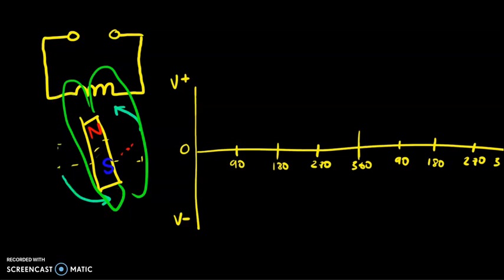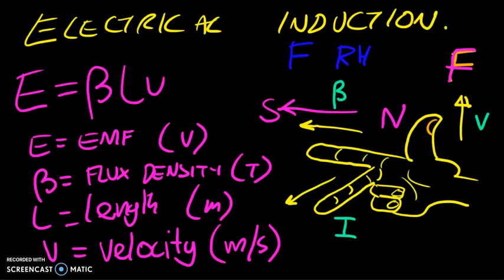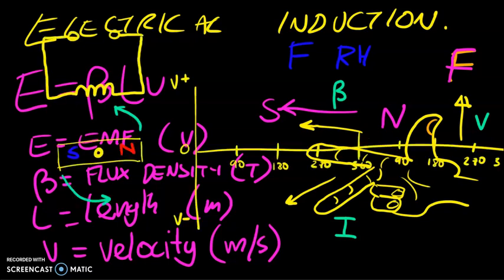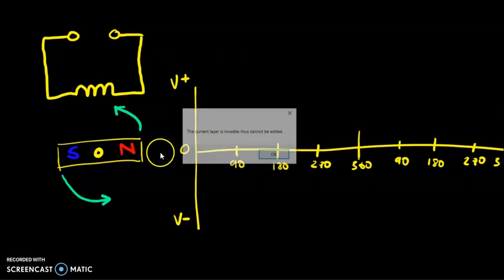As it rotates, the lines of flux rotate with the magnet and cut through the coil, and as they cut across the coil, they will generate electricity. At present we have 0 degrees of rotation, so we'll mark this as 0.